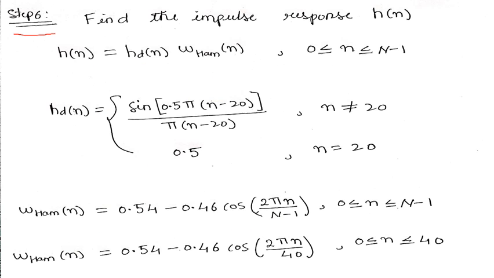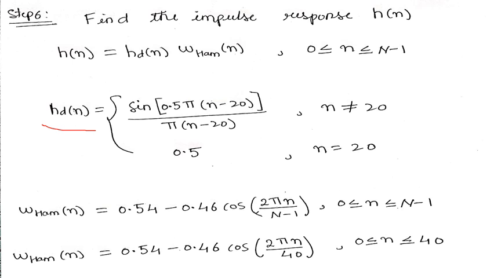Step 6 is to find the impulse response h of n. The impulse response h of n of an FIR filter can be given as h of n equals hd of n multiplied by the window function, and in the present numerical we will be using the Hamming window. Next, we compute the value of hd of n using the formulas discussed in step 4.